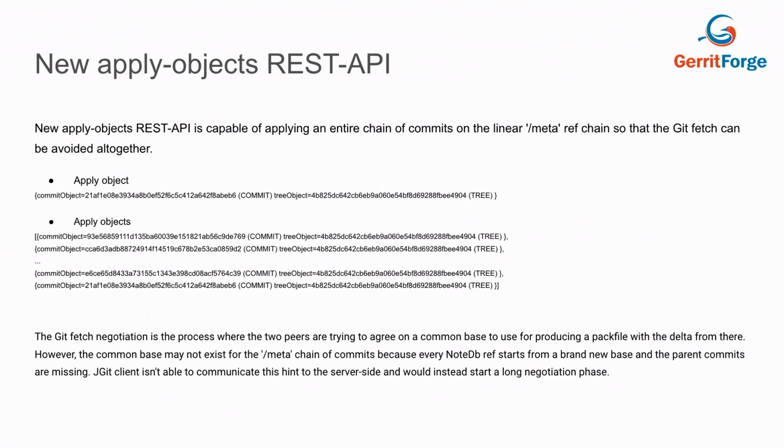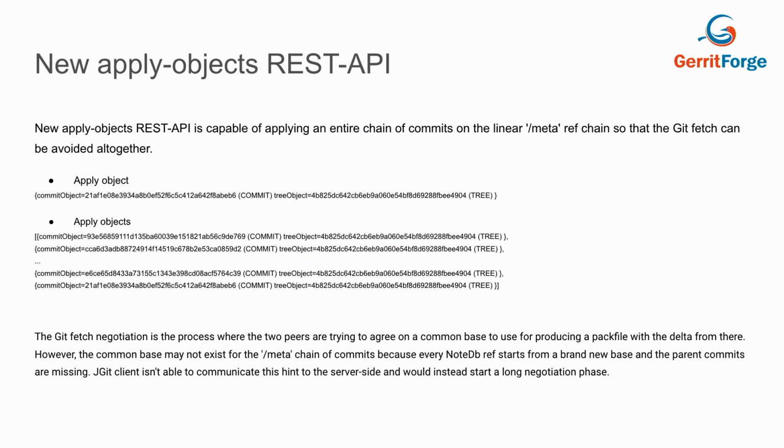So when the node becomes healthy again, it's outdated. And then when someone gives +2 on the same change on the previous node, we're going to try to send the data with apply object, but we're going to miss the parent. We have a gap in the chain. And before that fix, we were always falling back to the Git fetch protocol. So this means that we were triggering the Git fetch protocol, which was doing the full exchange of refs.